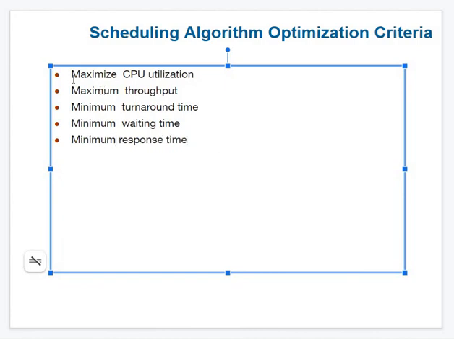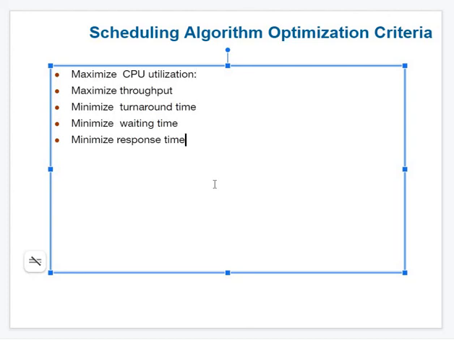So one by one let's discuss. What do you mean by maximizing the CPU utilization? What happens if you don't do that? We have to think. So here let me type maximize, and here I will type minimize. Why should we maximize the CPU utilization?